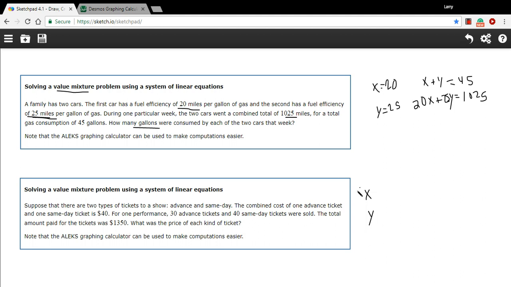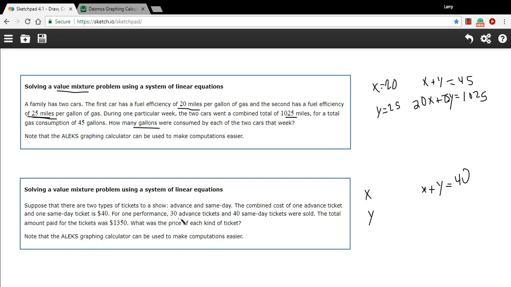Okay, so X represents the price of an advance ticket. Y represents the price of a same day ticket. And this first fact says the combined cost of one of each is $40. So we can say that X plus Y equals 40. All right, we've got one equation. That's good. Let's see if we can figure out the second equation here.